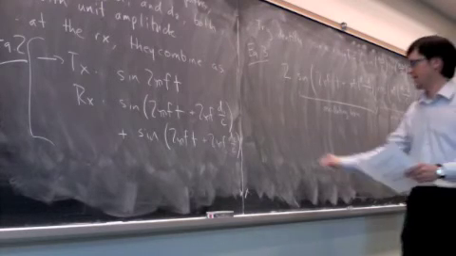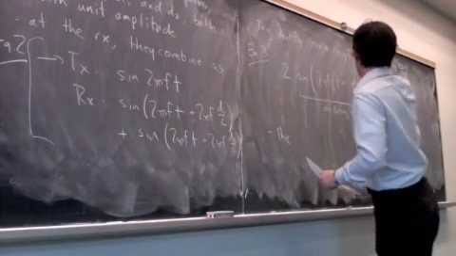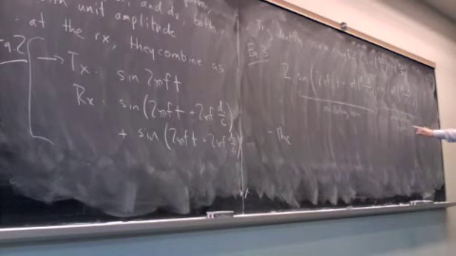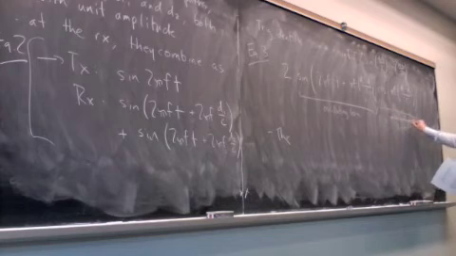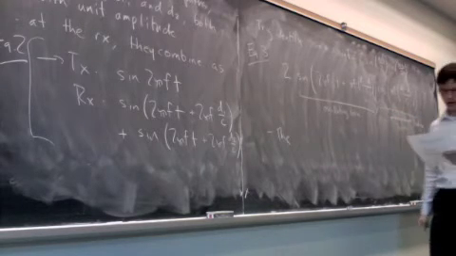Okay, the effect of fading. This is fading. I call this the interference term. I may as well call it the fading term. So that's what fading is all about.